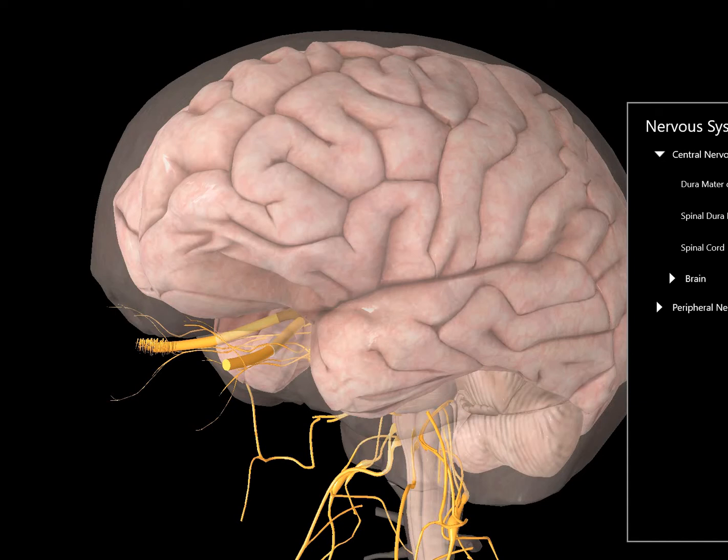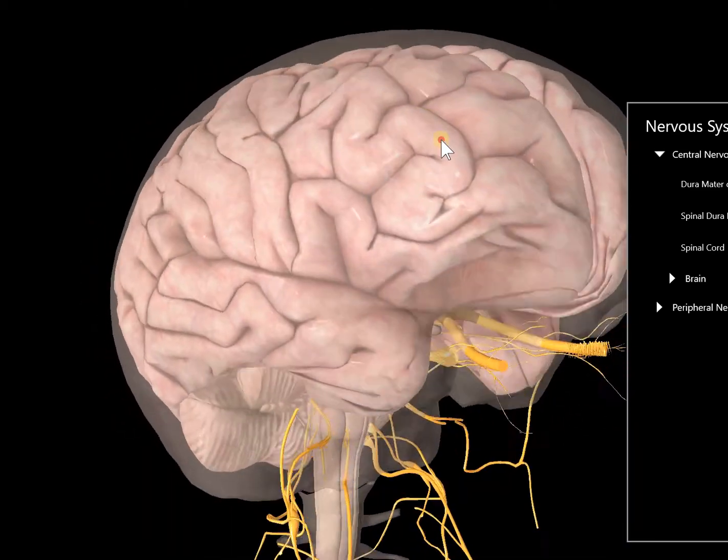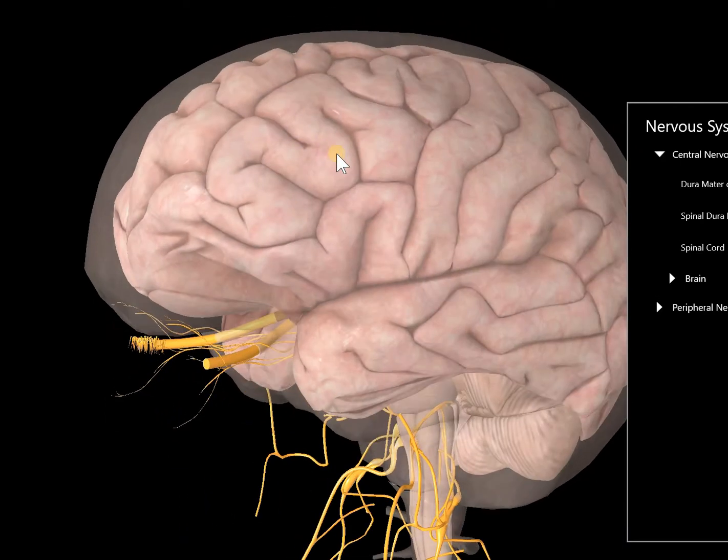Okay, in this video we're going to look at some of the parts of the brain. As you can see here, this shaded area is the dura mater. We have the three different meningeal layers that protect our brain: the dura mater, then the next layer in is the arachnoid mater, and the third layer in is the pia mater.